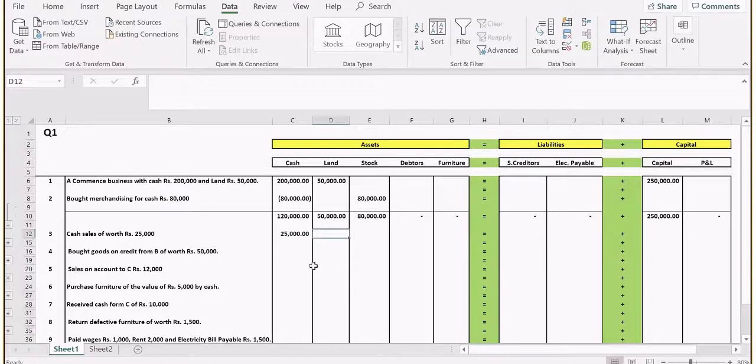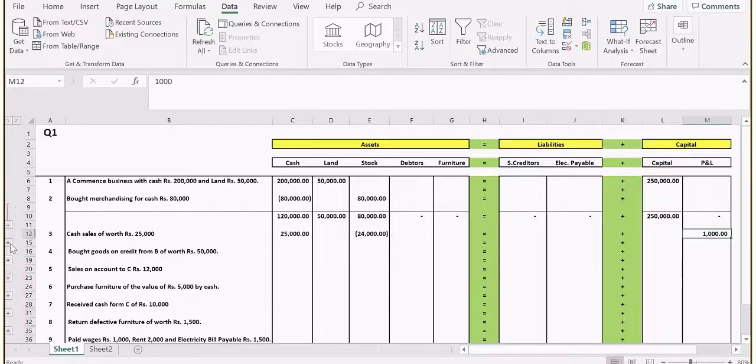Then as I said, out of 25,000, 1,000 is my profit and 24,000 is the cost of goods. That means stock worth 24,000 is going out of the business and 1,000 is the profitability. So you can see left hand side equal to my right hand side, and hence the transaction is correct.